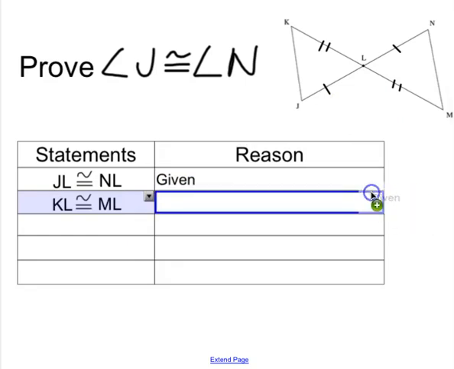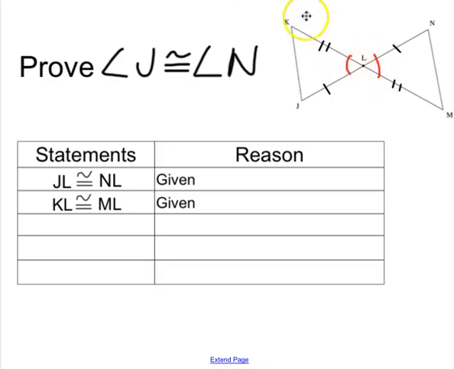So I can write given in my other category. The next thing is you need to mark a piece of information, and I see vertical angles, so I know these angles are congruent. You just have to name it. You could have said K, L, J, but I said L, K, J, and that's not right.